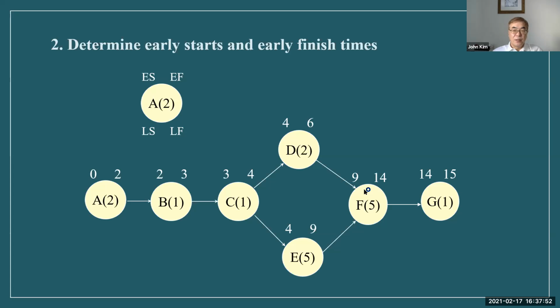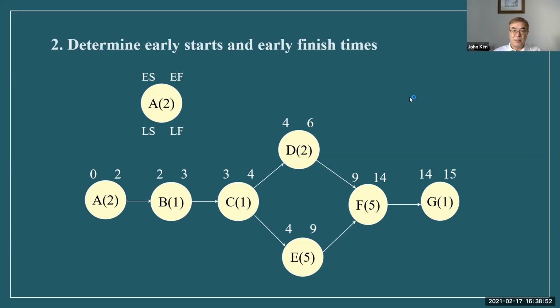F can start after D and E finish. D finishes at 6, but E is still working. So after E finishes, F starts: 9 plus 5 is 14, and then 15. So when two or more activities combine into one, the latest finish time goes to the next start time.